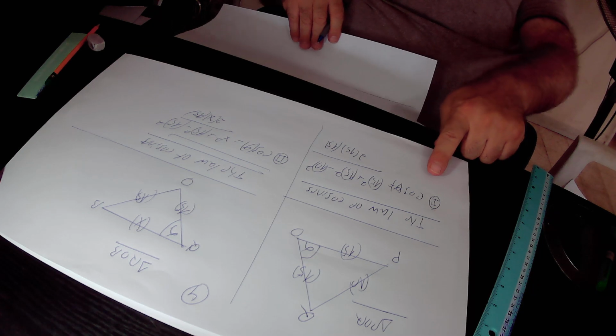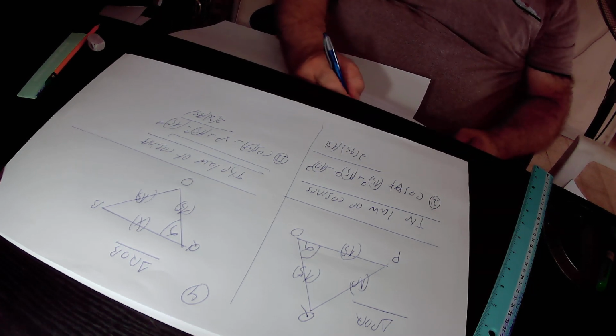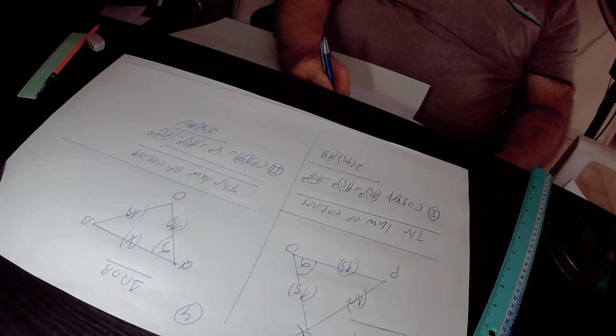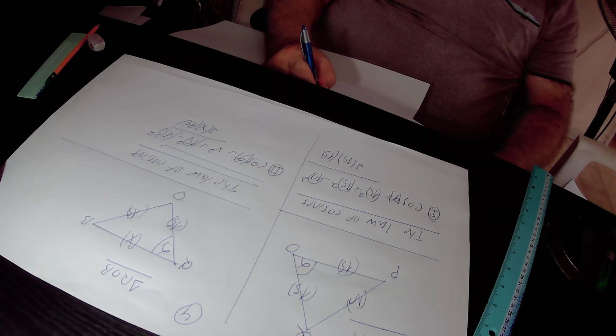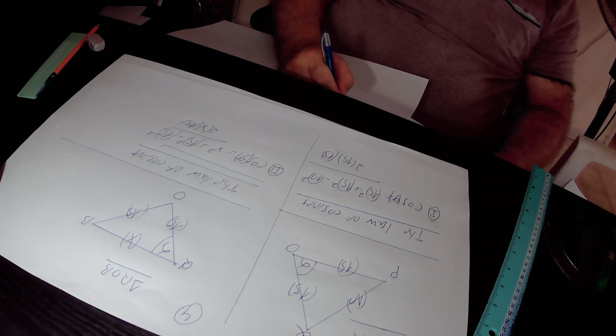Cosine alpha according to equation 1 equals 15 squared plus 15 squared minus 10 squared over 2 times 15 times 15.